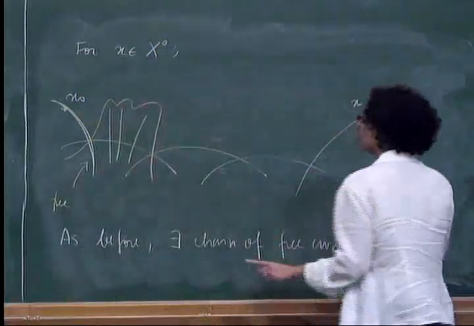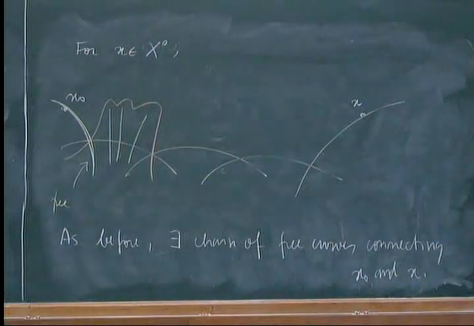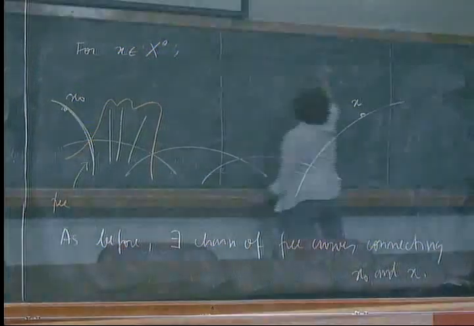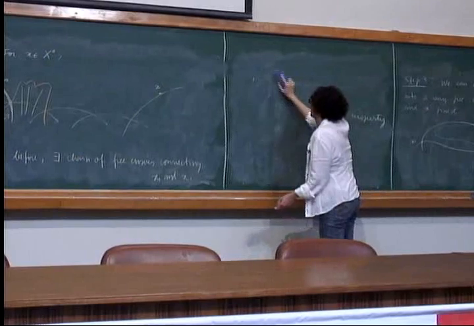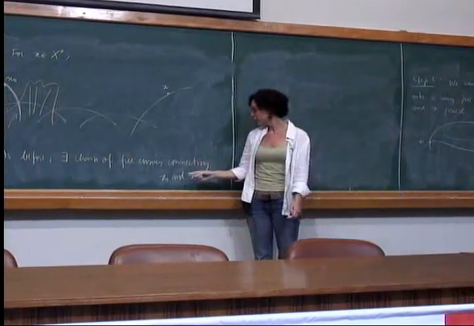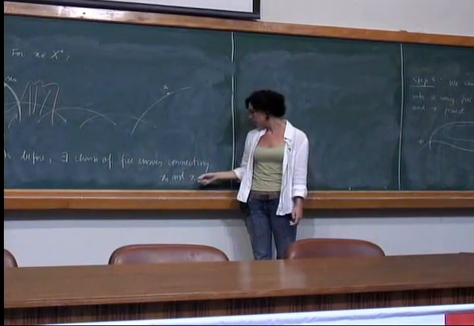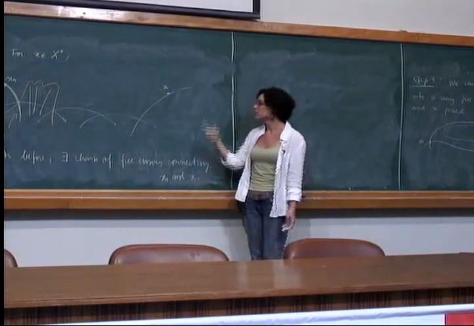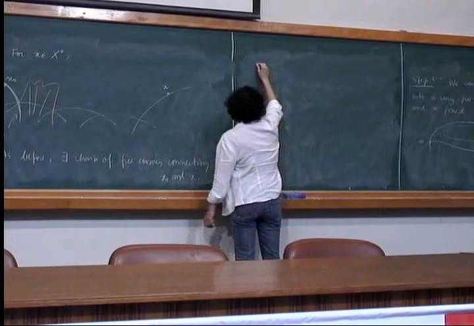And we did that for any point in X naught. Now we are over the complex numbers, which is an uncountable field, and we found a curve connecting x naught with any point in this open subset.